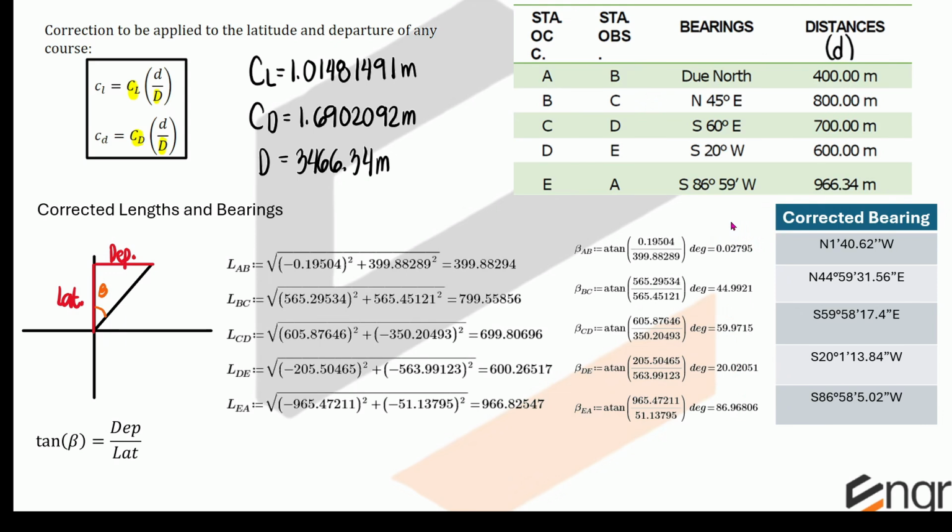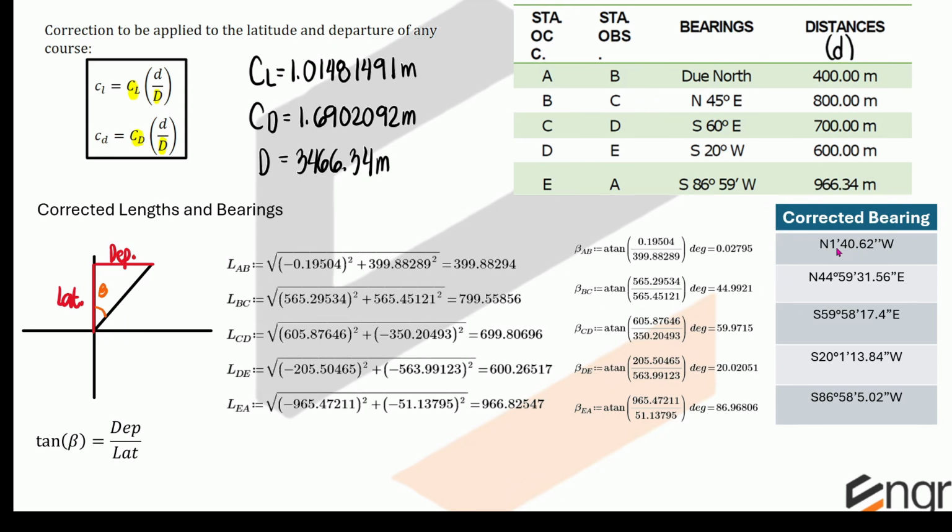Some of these angles are larger, some of them are smaller. Now converting these into actual bearings, this is now north 1 minute 40.62 seconds west. Now how do we know that this is the new direction? If we look at the components of AB, the corrected departure was negative, and departure is along X. So if the departure is negative, it is on the left side or the west side.